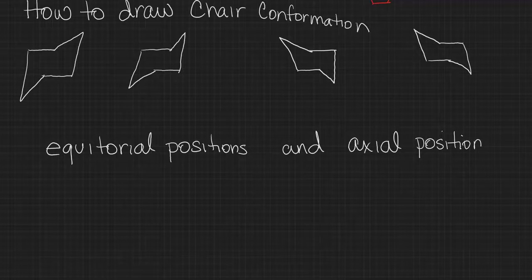When we talk about equatorial, it is more of a diagonal line that we are going to see. And when we talk about the axial position, we're going to see a straight line, or if you want to call it vertical.